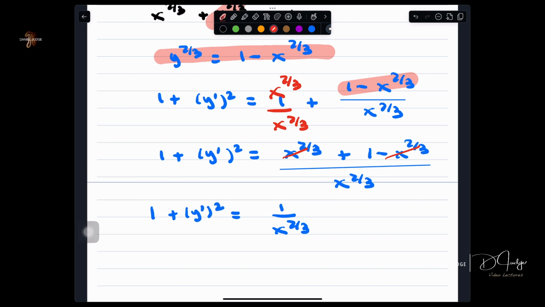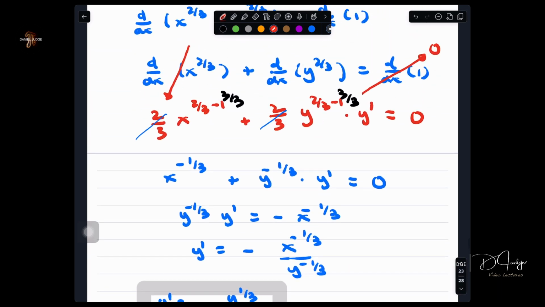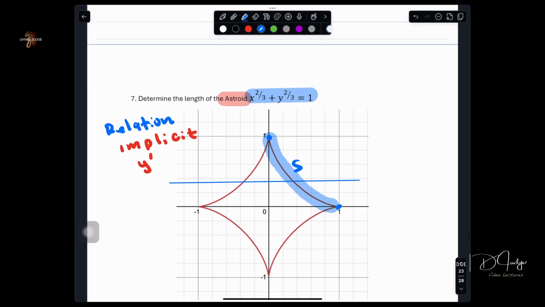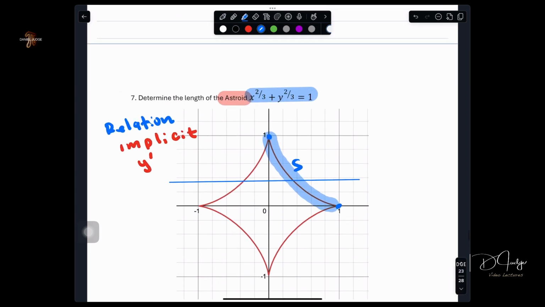So don't forget now we take the square root here because that was the whole purpose of going through this formula. Okay, so this is where we're at. But don't forget, we're going to have to multiply that by 4 because they want the whole length of the asteroid.